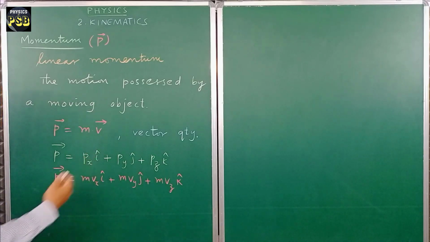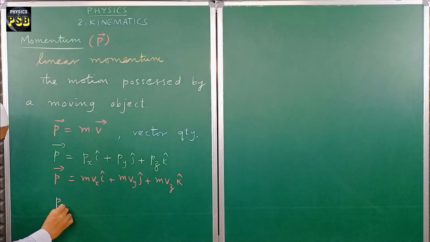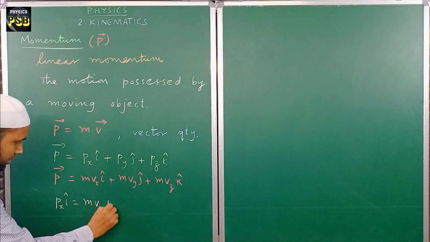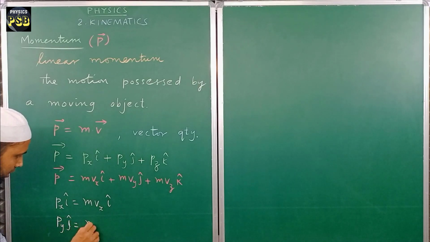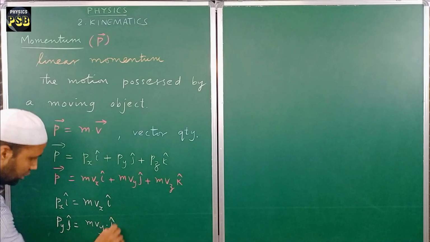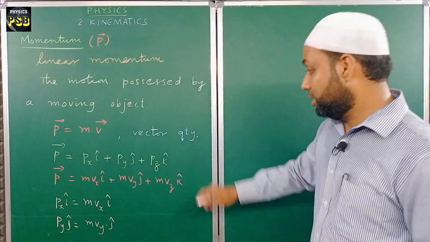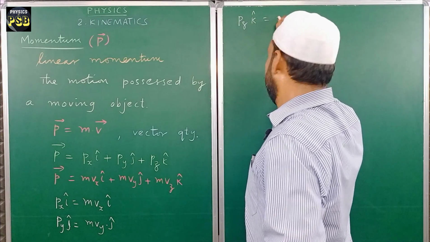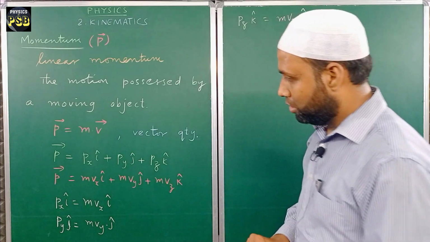So on equating them, we get that Px i cap is equal to m vx i cap, Py j cap is equal to m vy j cap, and Pz k cap is equal to m vz k cap.